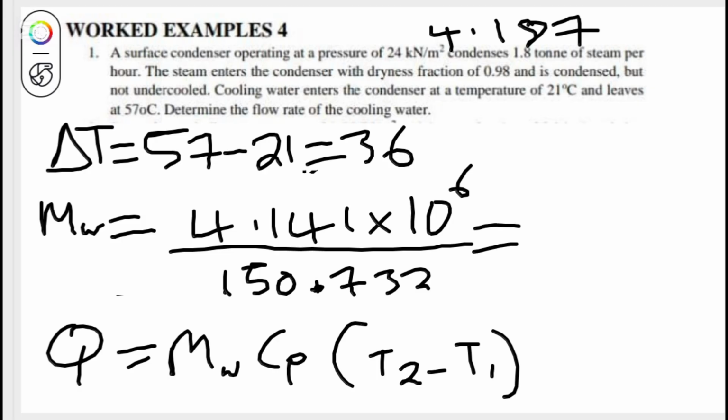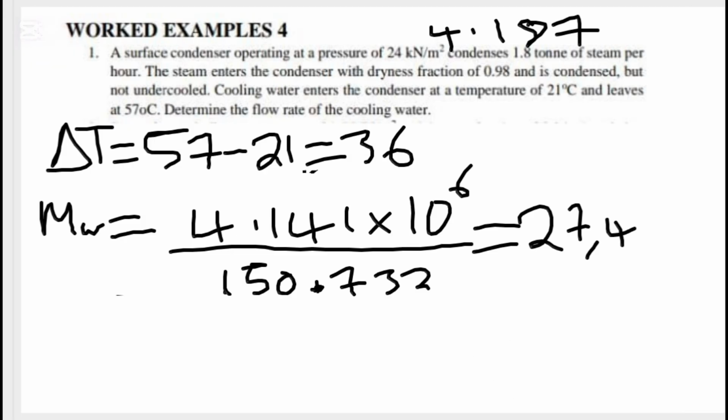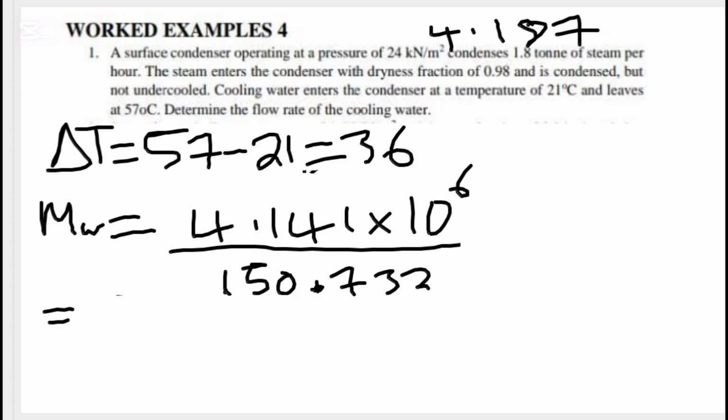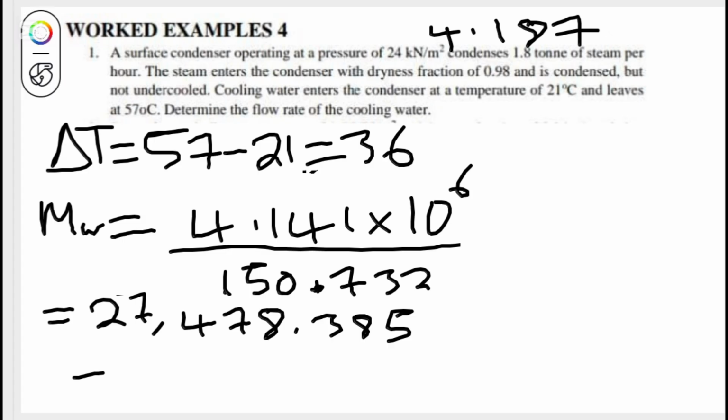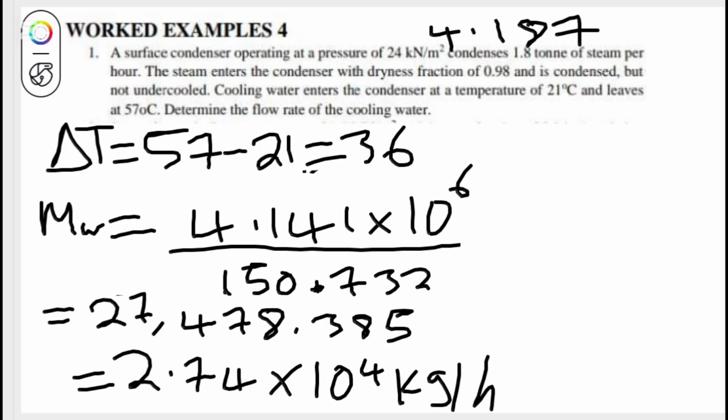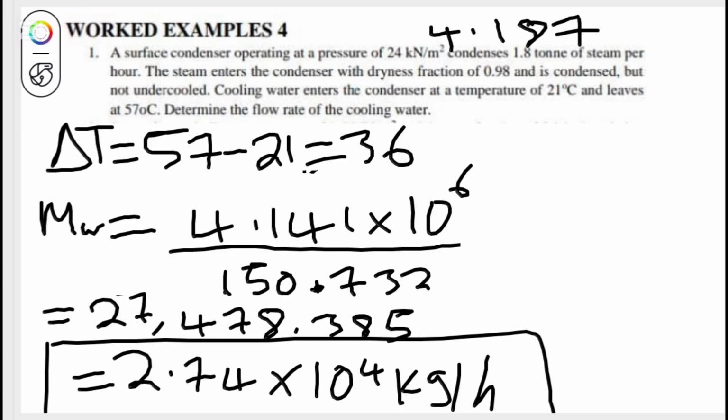At the end, I'll get 27,478.385, which is 2.74 times 10 to the power of 4 kilojoule per hour. So therefore, this is the flow rate gained by the cooling water.